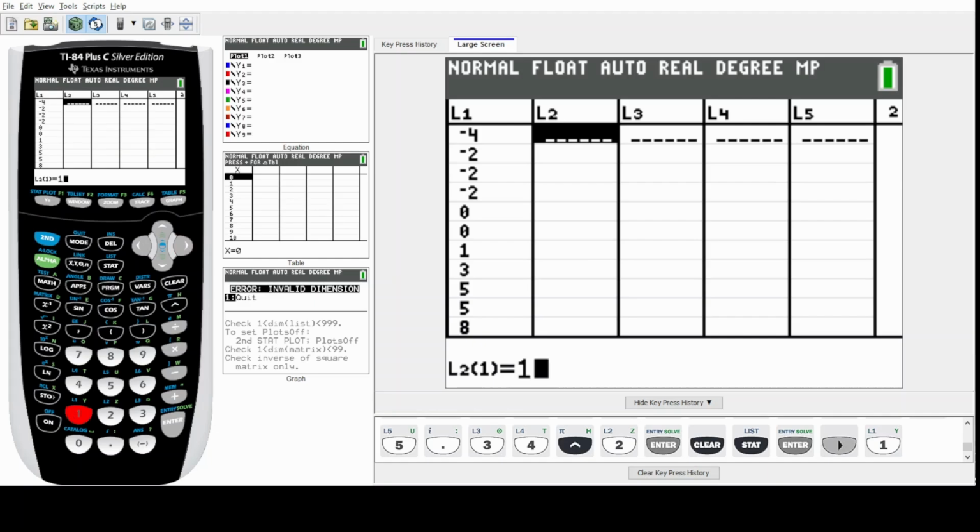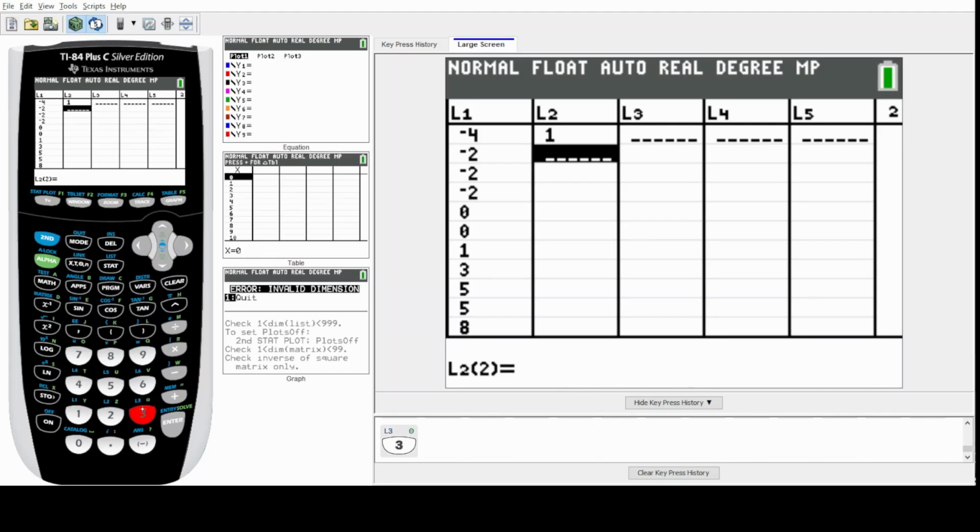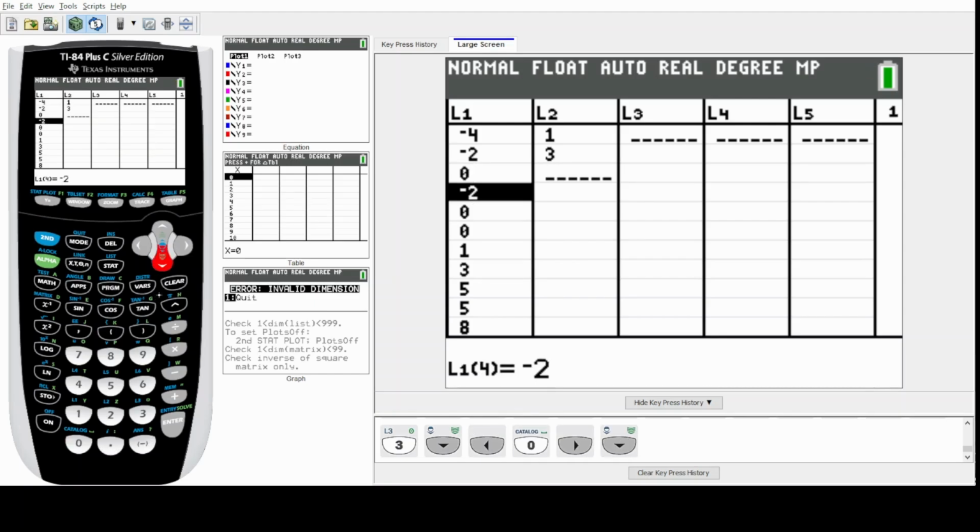-4 occurs once. So I put in a 1. And then instead of typing -2 in 3 times, what you're going to do is you're going to come into L2 and you're going to say, look, I've got this -2 3 times. And in L1, I have 0 right there.